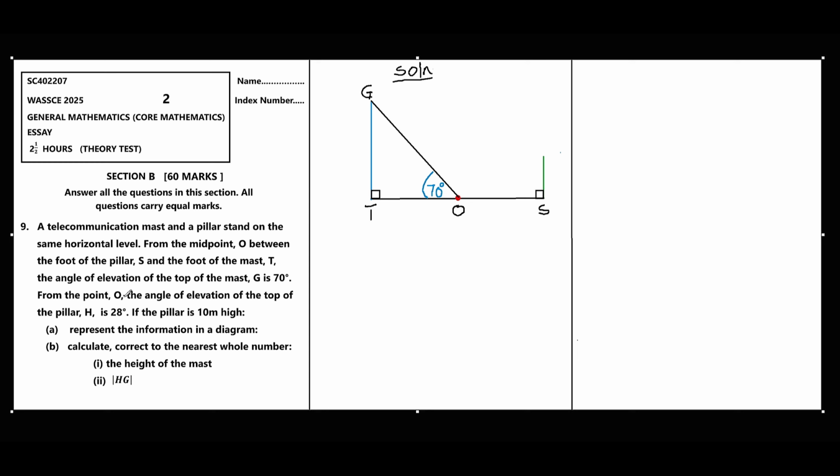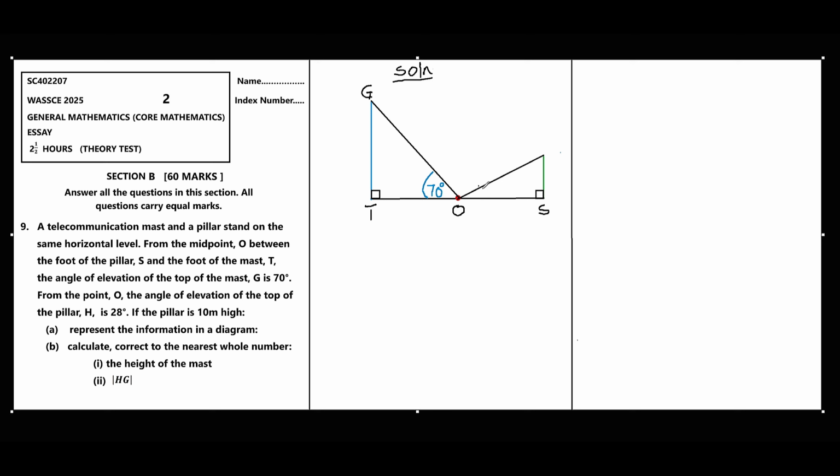Also from point O, that is the midpoint, the angle of elevation of the top of the pillar. So there is the top of the pillar, given as H. The angle of elevation is 28 degrees.